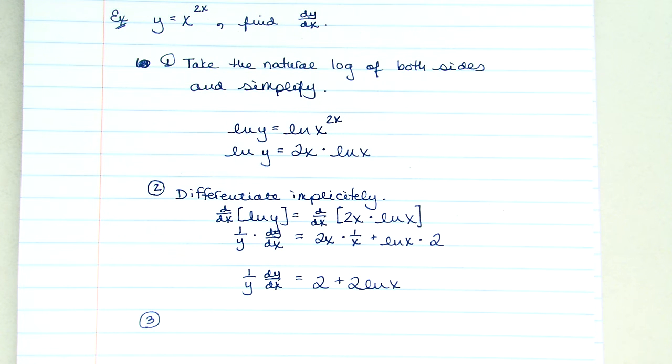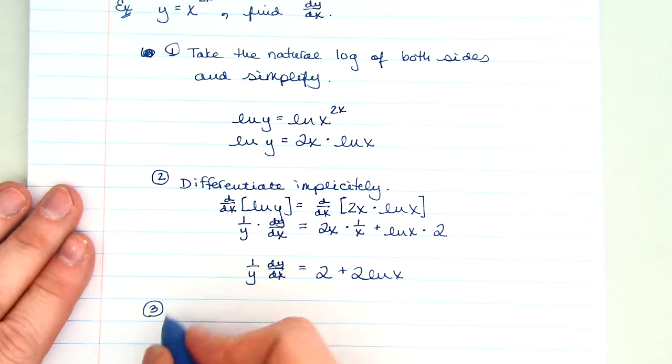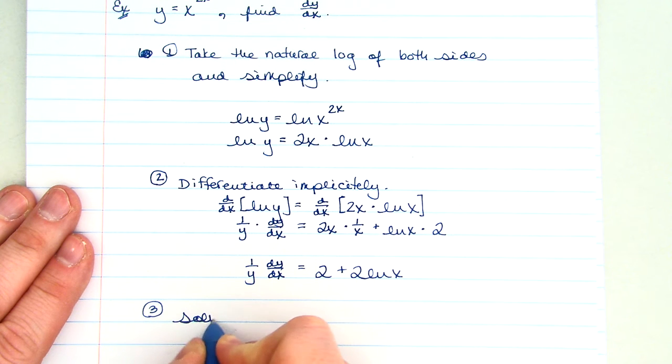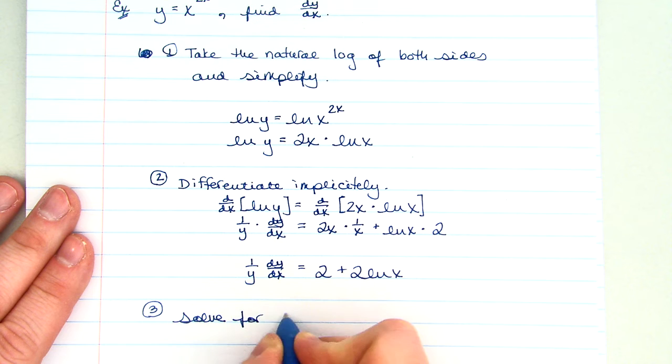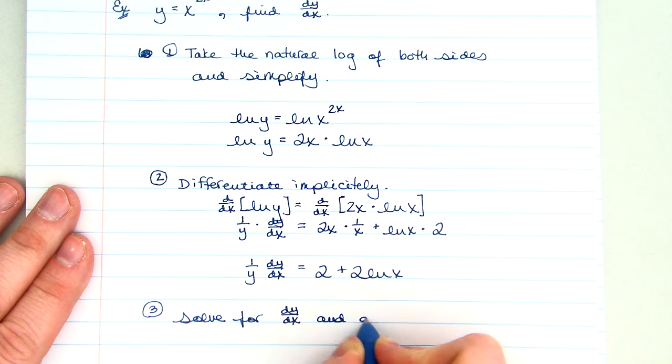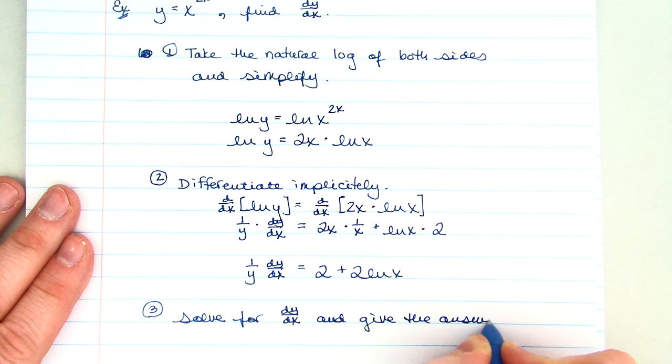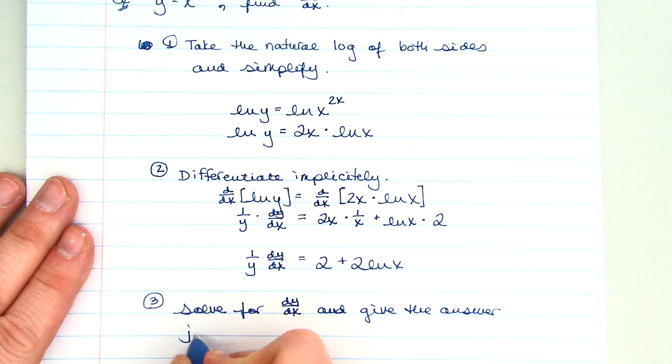And when I'm done, I'm going to figure out a way to give an answer just in terms of x. Solve for dy dx and give the answer just in terms of x.